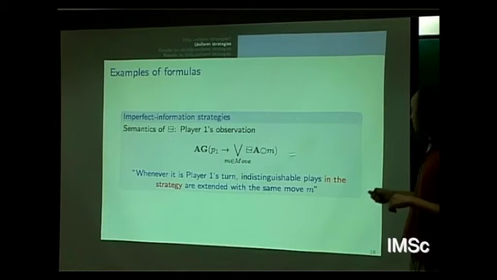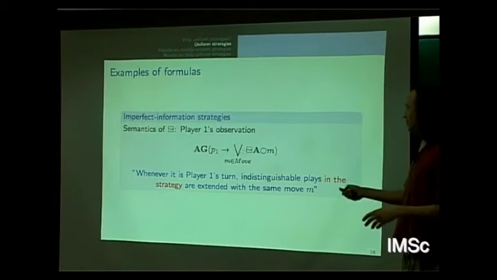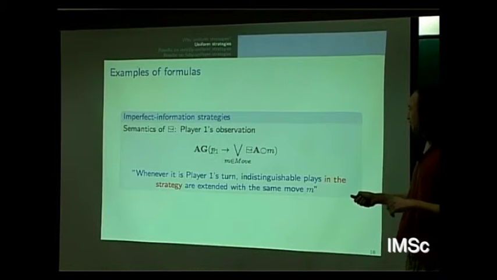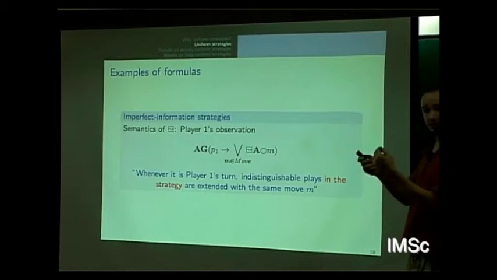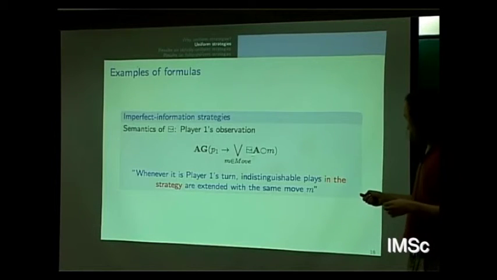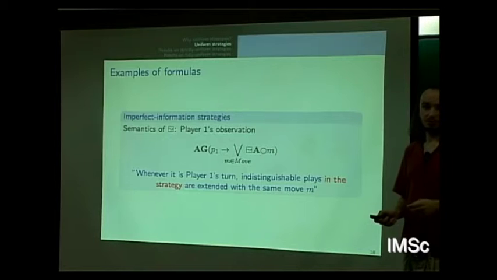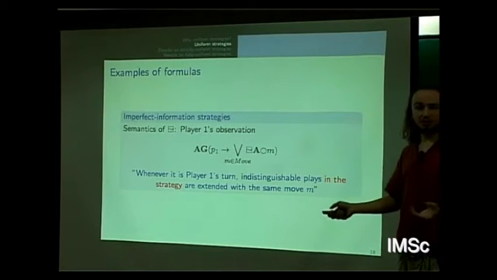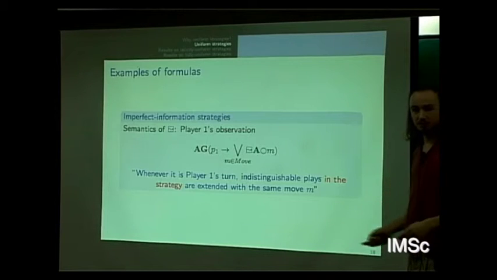And this formula means that at all points, so this is evaluated in a strategy tree, at all points, when it's your turn to play, there is one move that in all related plays in the strategy, you play this move. So in all indistinguishable plays, you play the same move.